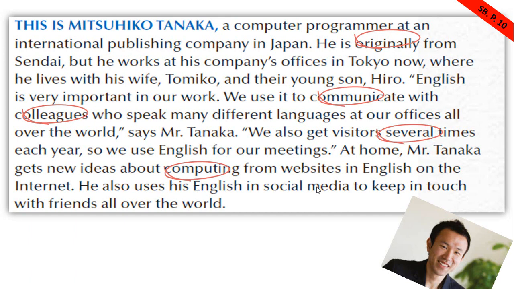He also uses his English in social media like Twitter, like Facebook, like Instagram to keep in touch. keep in touch حلوة الكلمة هاي، احنا نستخدمها بمعنى للتواصل أو البقاء على تواصل with friends all over the world، بمعنى في شتى أنحاء العالم مع الأصدقاء. طبعا احنا لما نتواصل مع حد أو نقول له دايما خليك على تواصل معنا بنقول له keep in touch, keep in touch. Good. Now let's go to the second.